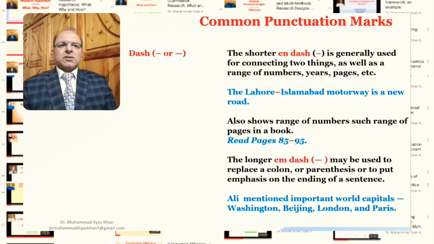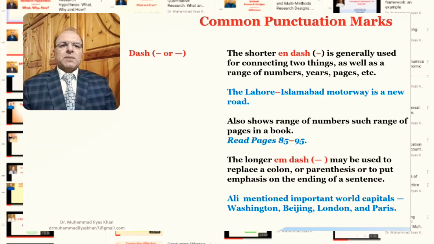The shorter dash or en dash is generally used for connecting two things, as well as a range of numbers, years, pages, etc. So the two things, Lahore-Islamabad, are connected together through this short dash. Motorway is a new road. Also it shows a range of numbers, such as a range of pages in a book.